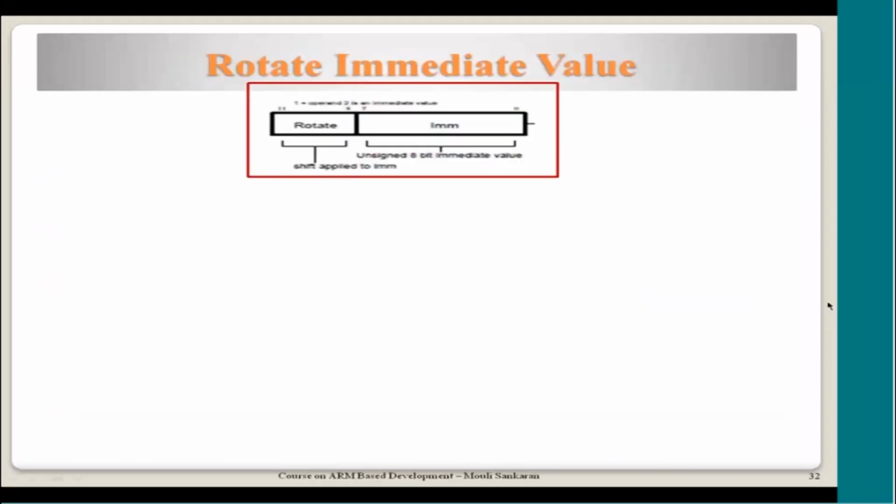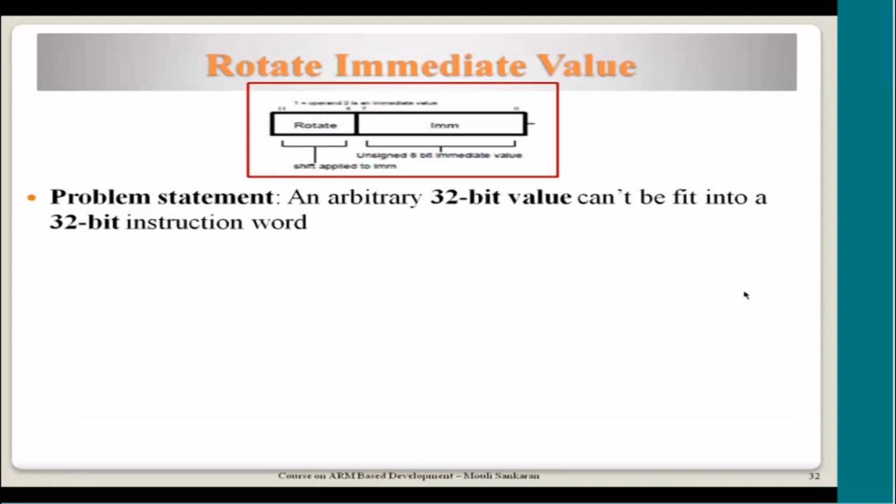Let us see. First of all, let us try to understand the problem here. An arbitrary 32 bit value. Suppose you want to fill a register with an arbitrary 32 bit value, you can't do it, because you have a restriction that the whole instruction itself is 32 bit. How can you fit another arbitrary 32 bit value into it, because an instruction cannot go beyond one 32 bit value.